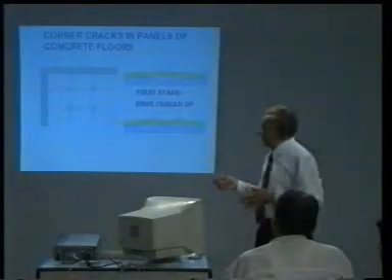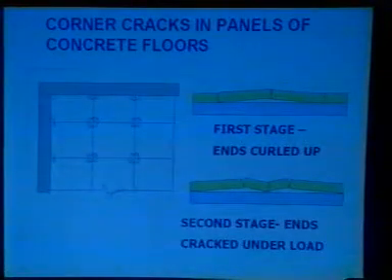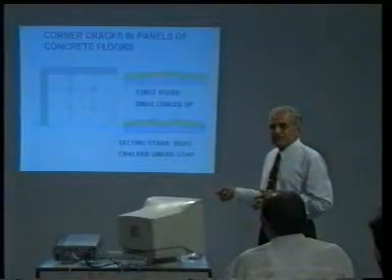In the first stage, the ends curl up, and in the second stage, these ends under the load of the service conditions crack up and you have a broken floor, a very common observation in industrial buildings.